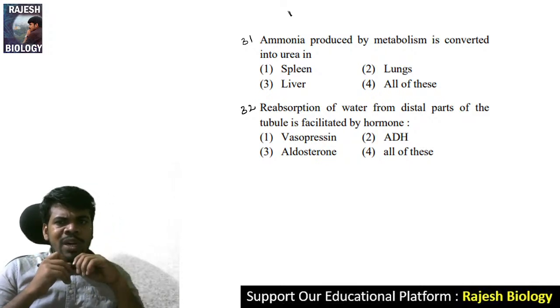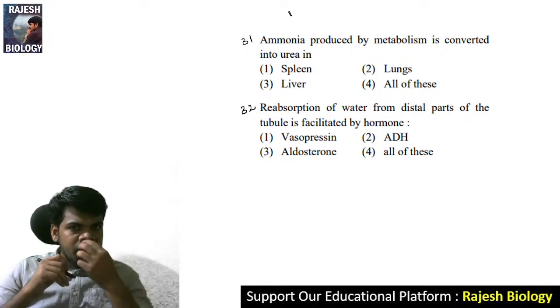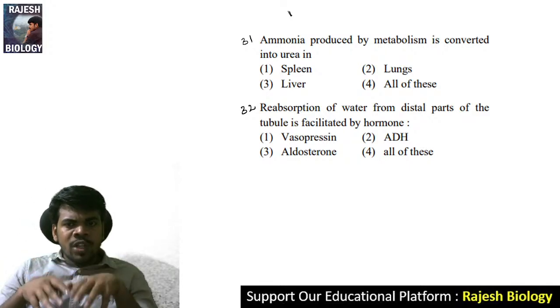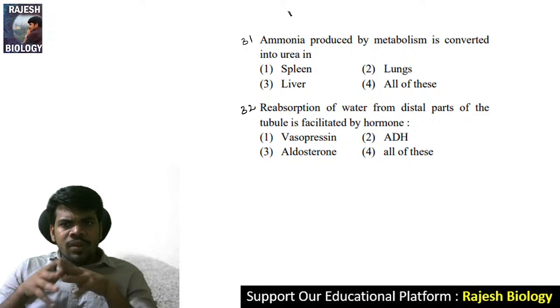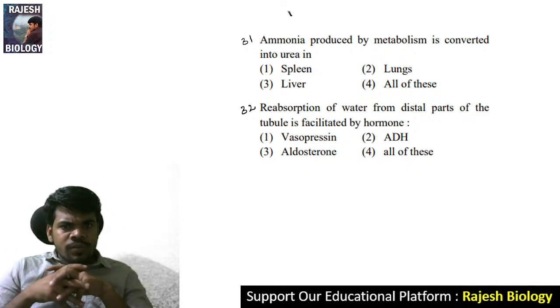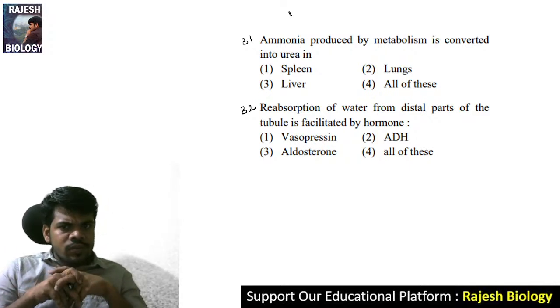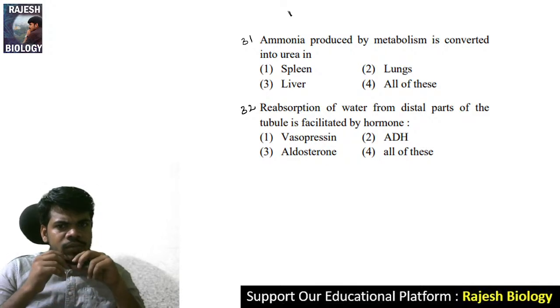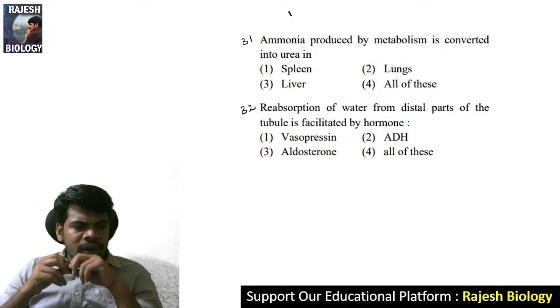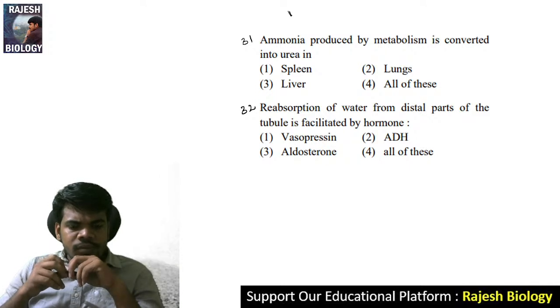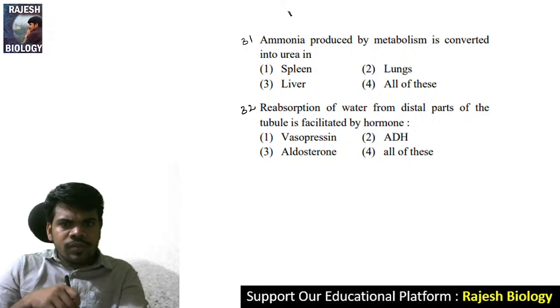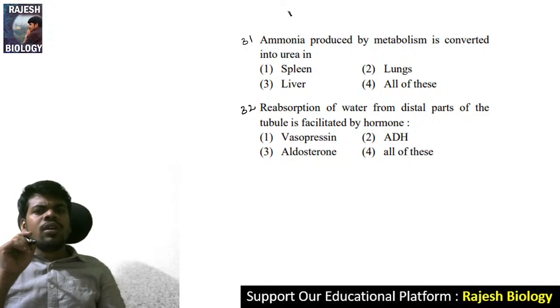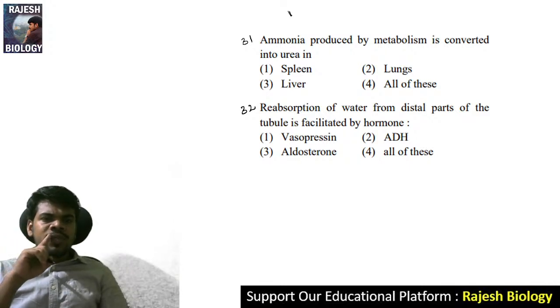31st question. Ammonia produced by metabolism is converted into urea. In where it is converted? It is the question not from the excretory system. It is the question from the digestive system.